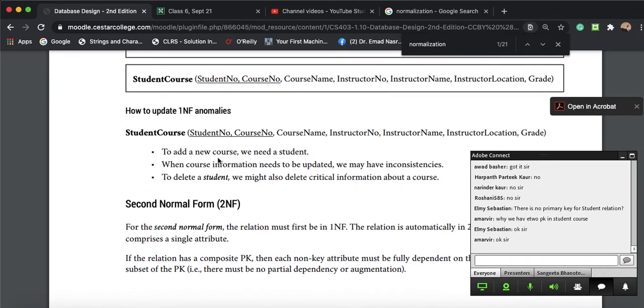What is the problem in the student course? If I want to add a new course, imagine you are trying to add a new course. Can you add a new course without a student number?